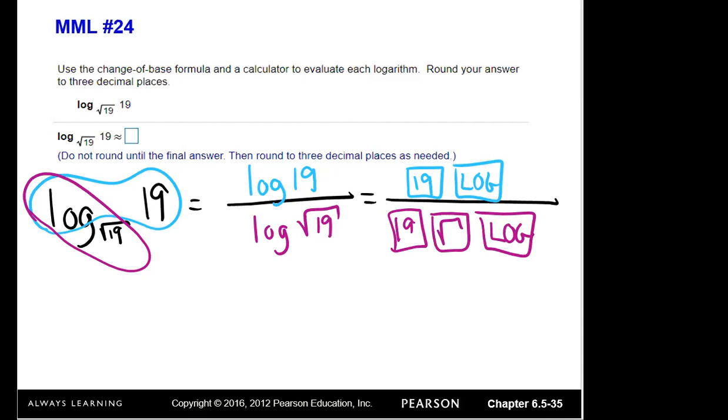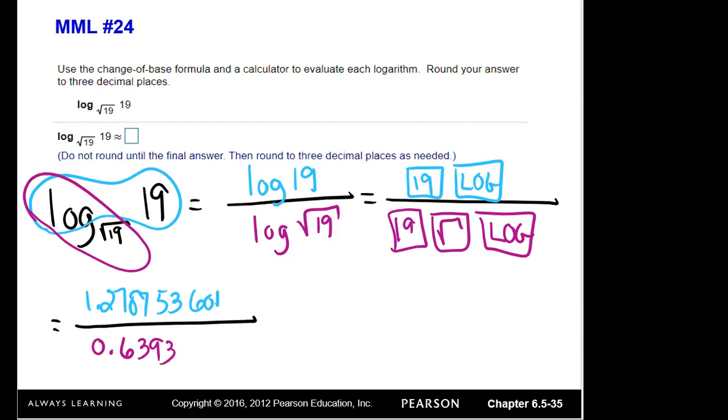All right. And if I keep track of those numbers, log of 19 was 1.278753601. And the log of the square root of 19 was 0.63933768.